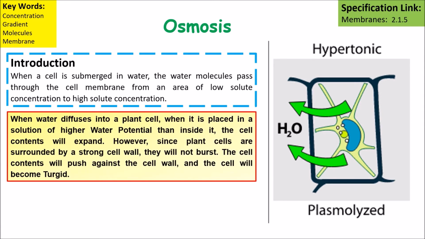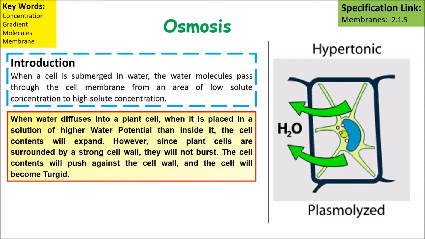So when water diffuses into a plant cell, when it's placed into a solution of higher water potential than inside of it, the cell contents will expand. However, since plant cells are surrounded by a strong cell wall, they will not burst. The cell contents will push against the cell wall and the cell will become turgid.